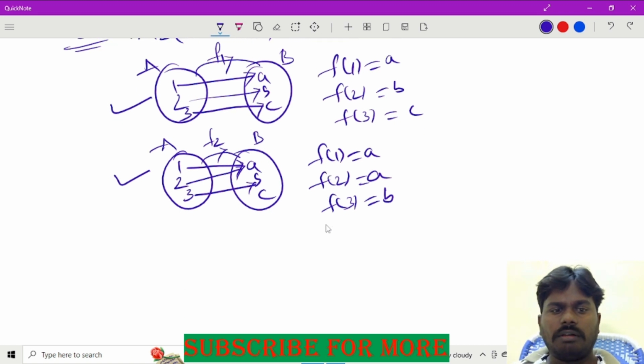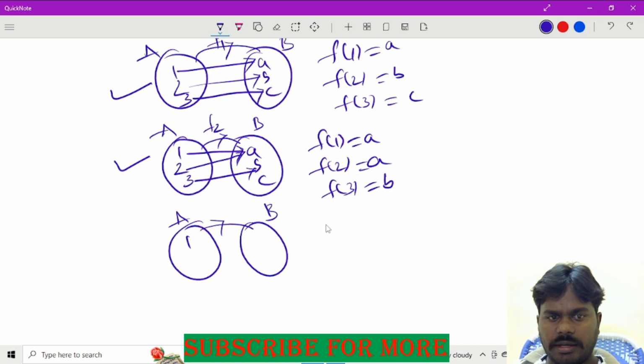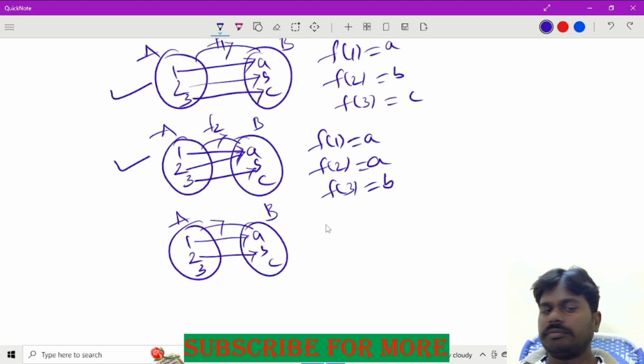Okay. Now let us define one more with the same example. So here A, here B, and 1, 2, 3 are the elements in A, and a, b, c are the elements in set B. Now I am mapping 1 with a and 2 with b, and I am leaving element 3.